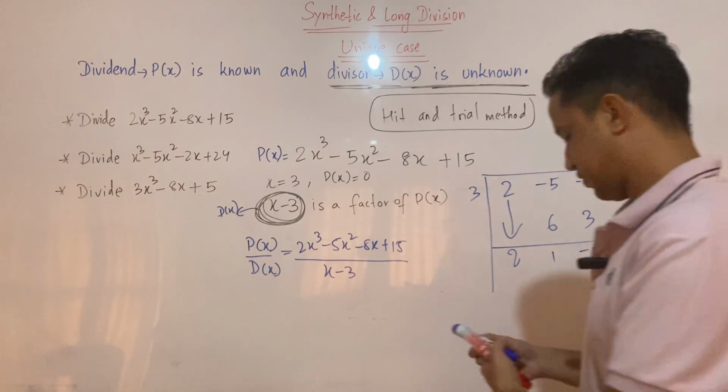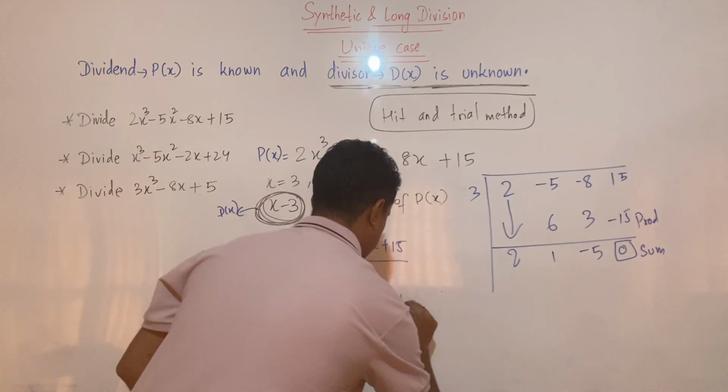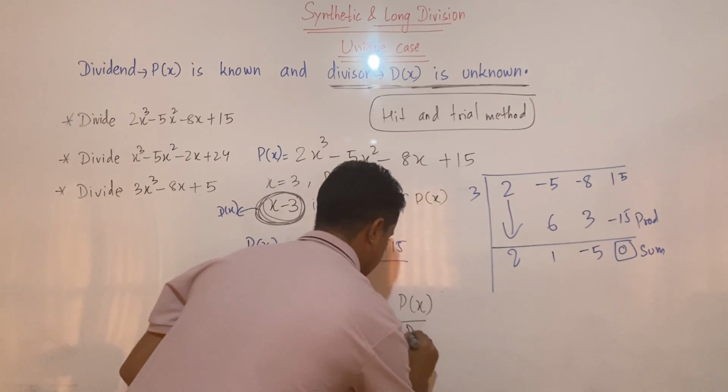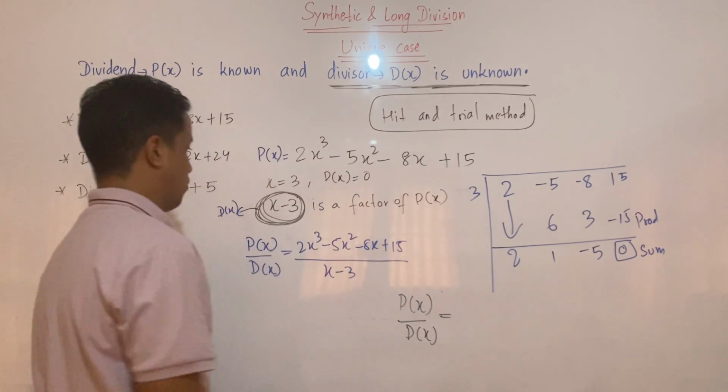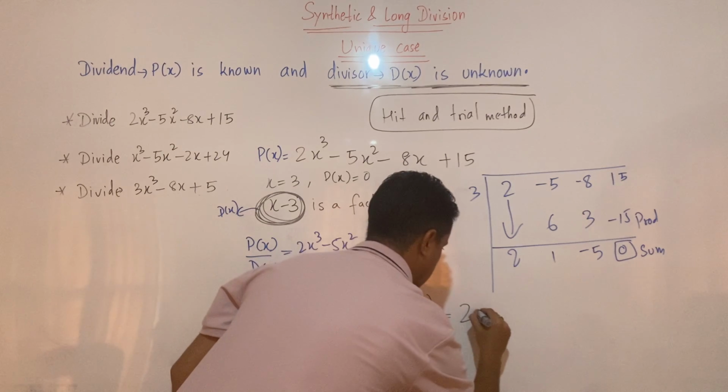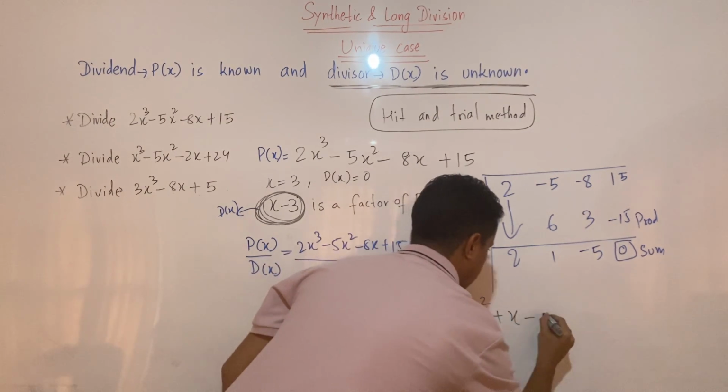So what's going to be your quotient? p(x) over d(x) would be 2x squared plus x minus 5.